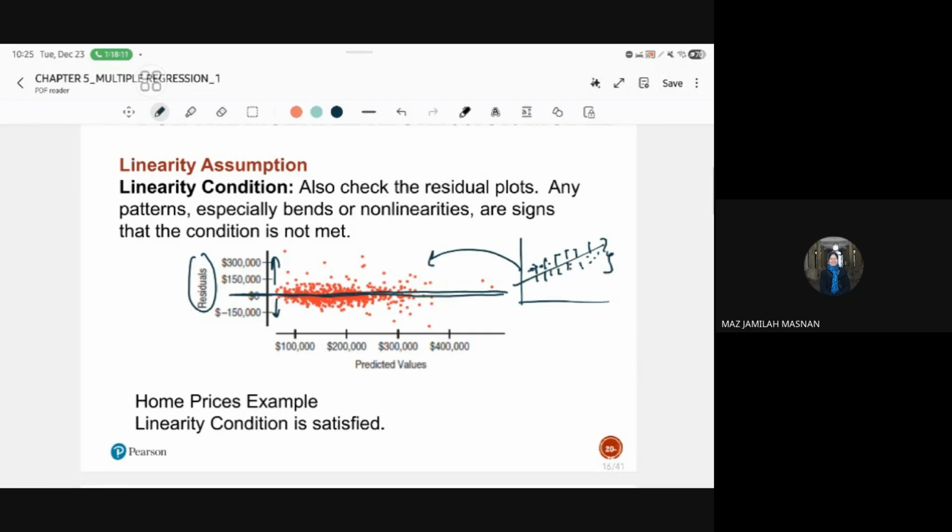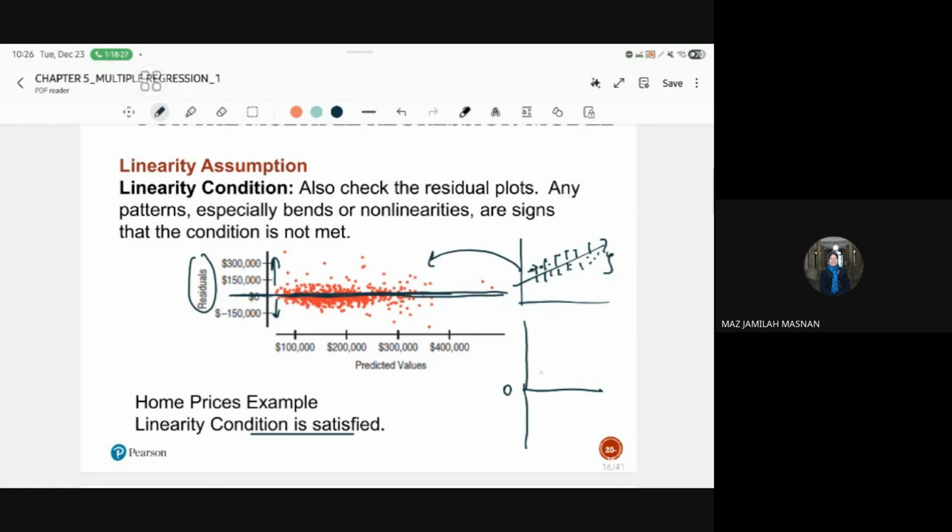If you have something like this, it is considered satisfied in terms of linearity. You cannot have this particular form, where 0 is over here. If you have this form, you can see that as we increase the predicted value, the variation or the residual becomes larger.